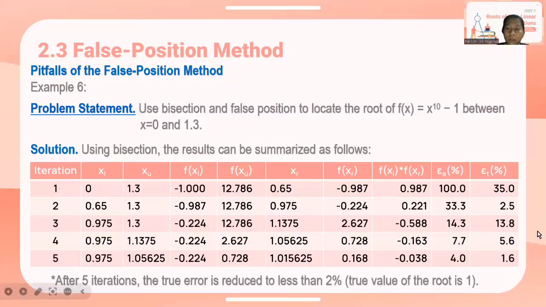The approximate error is 14.3 and the relative error is 13.8. For the fourth iteration, XL is 0.975, XU is now 1.1375. XR equals 1.05625 and the function of XR equals 0.728. Approximate error is now 7.7 and the relative error is 5.6.